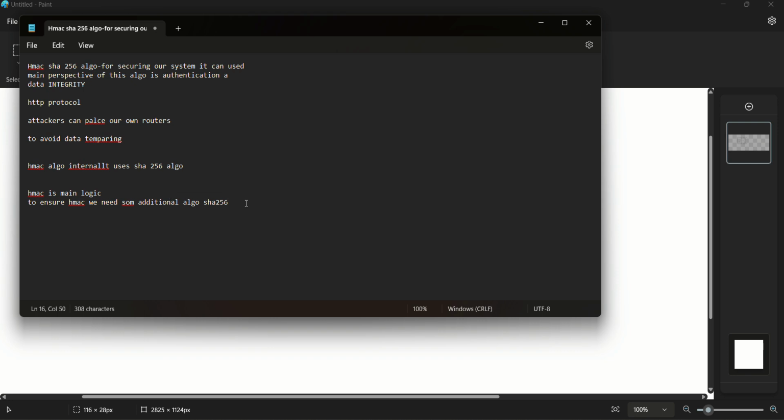So we use the combination of HMAC and SHA-256 to ensure data integrity.